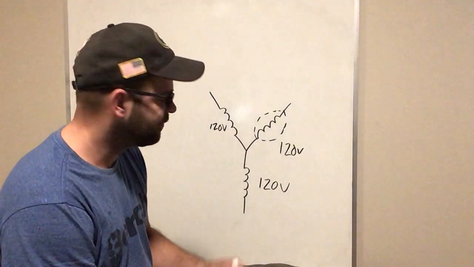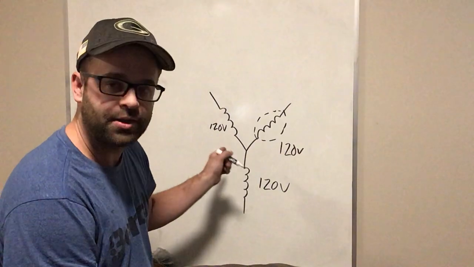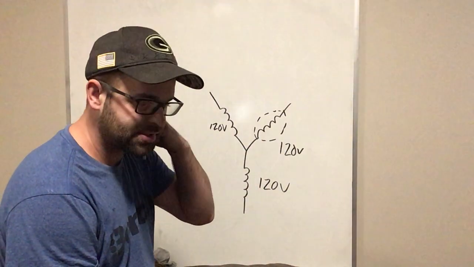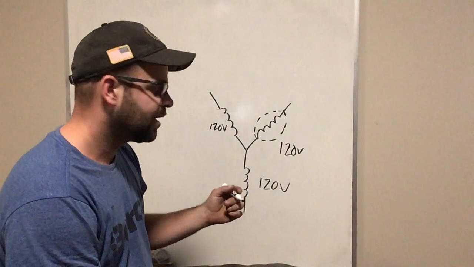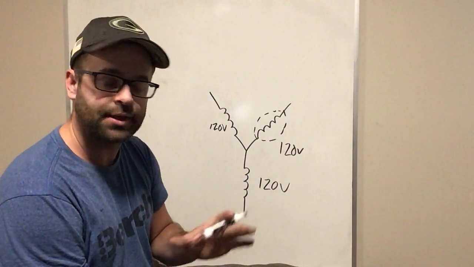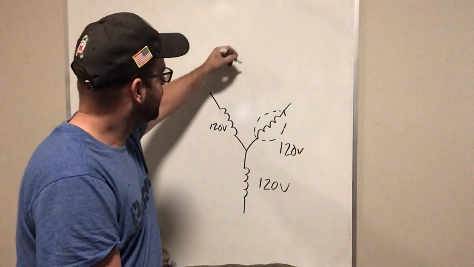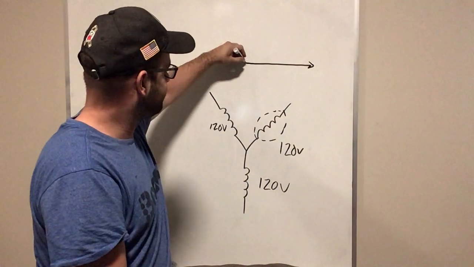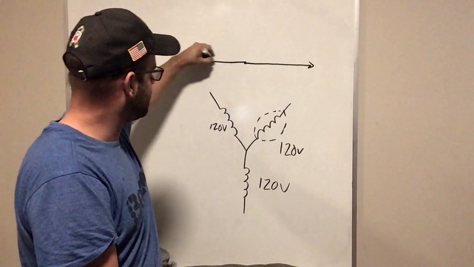If these two values were 180 degrees out of phase with each other, as we would see in a single phase line 1, line 2, if we did it as a vector, we would see this is our start point.